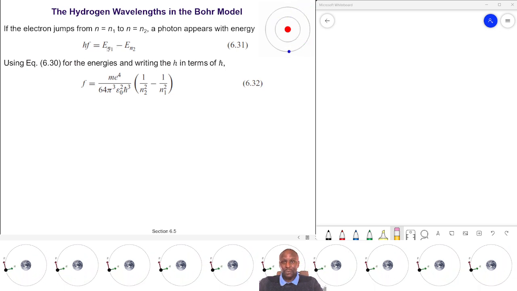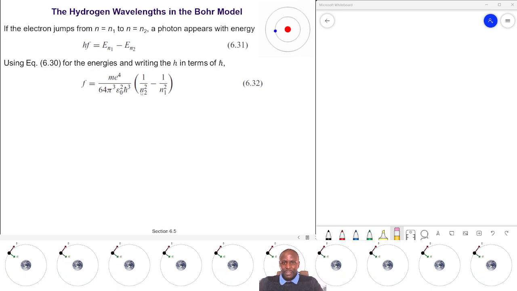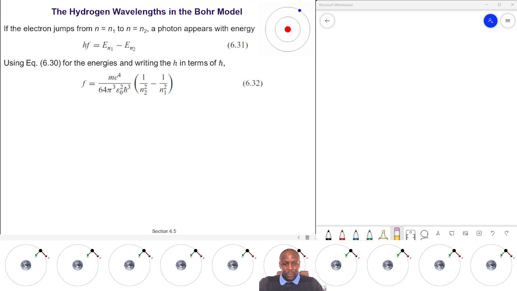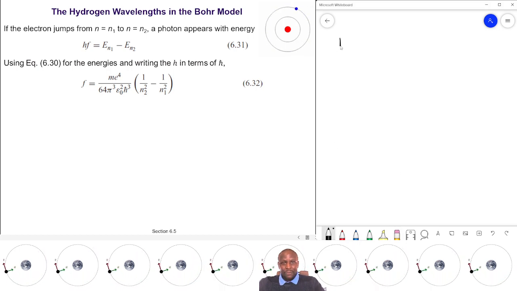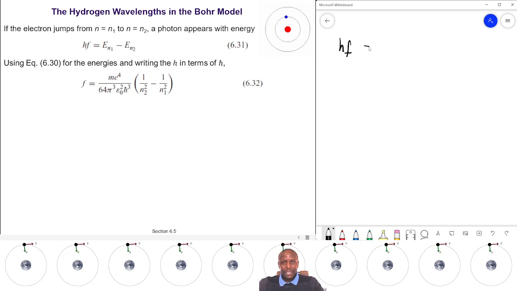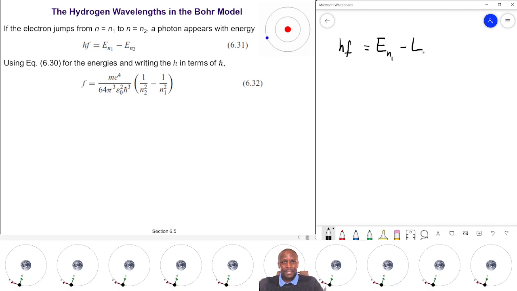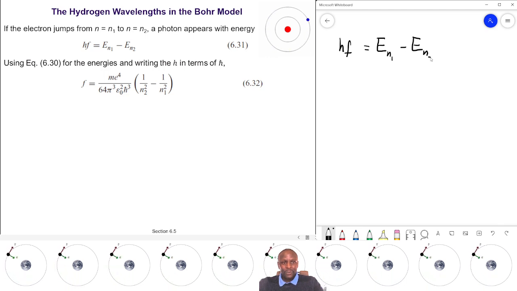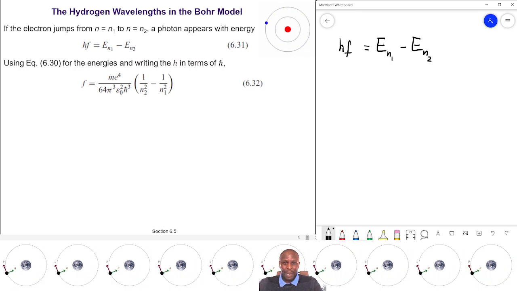because we know the equation of energy, for n1 and n2, this is what we are going to have. And in this case, for the frequency, we are just going to have this. Now, I also want to remind you that in this case, you have hf equal to En1 minus En2. Right. Now, I want you to write this in terms of a multiple of h bar.